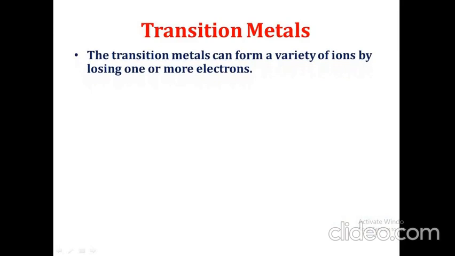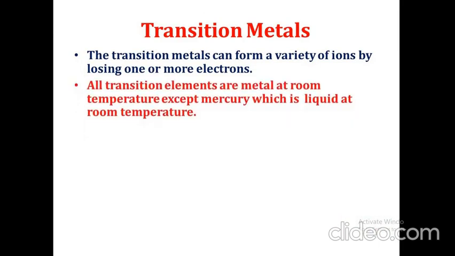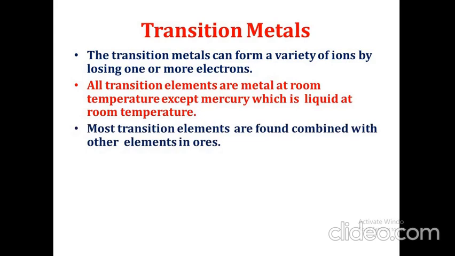Transition metals. The transition metals can form a variety of ions by losing one or more electrons. All transition elements are metals at room temperature except mercury, which is a liquid at room temperature. Most transition elements are found combined with other elements in ores.